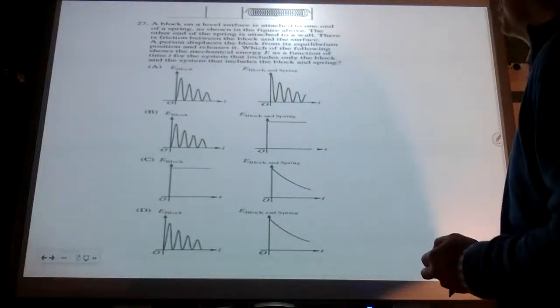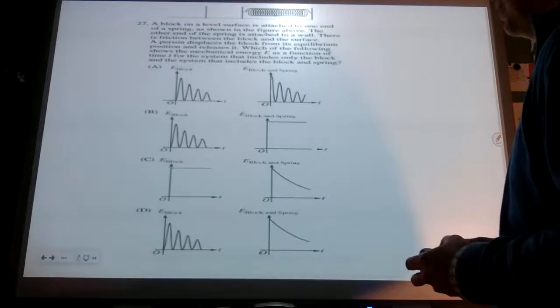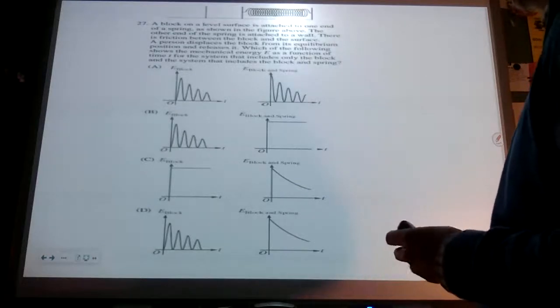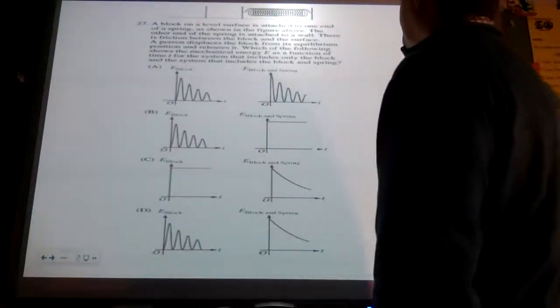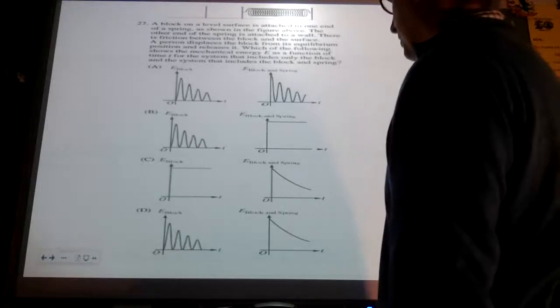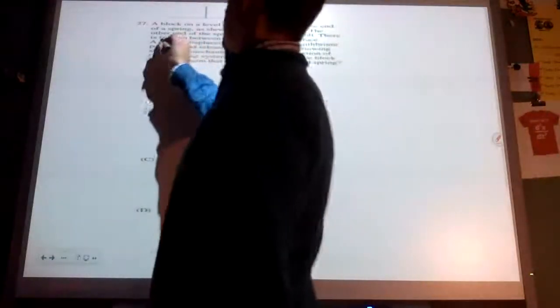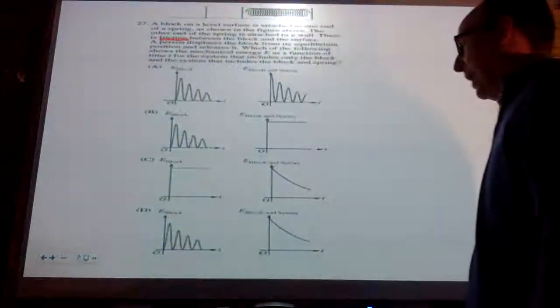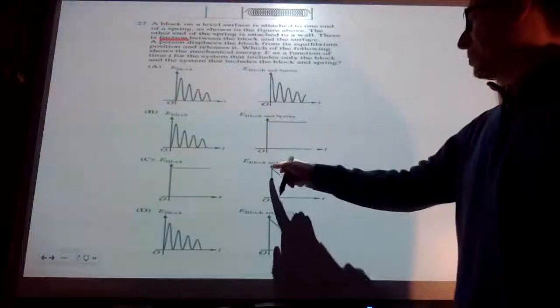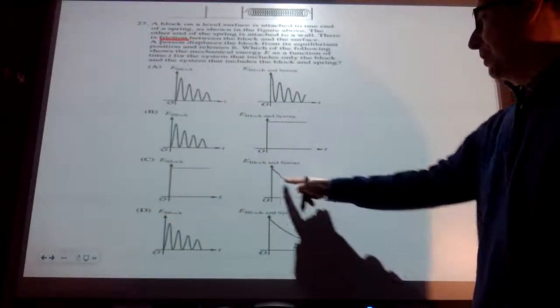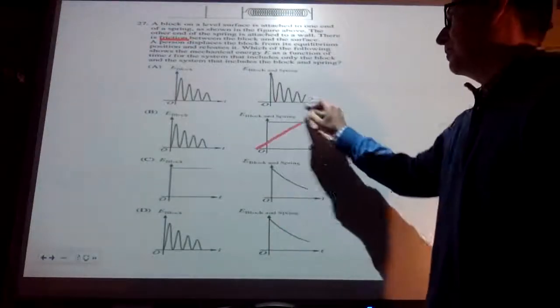So the block and the spring energy, there's friction, so we're losing energy. So the block and the spring energy would start at something and then it would curve down.